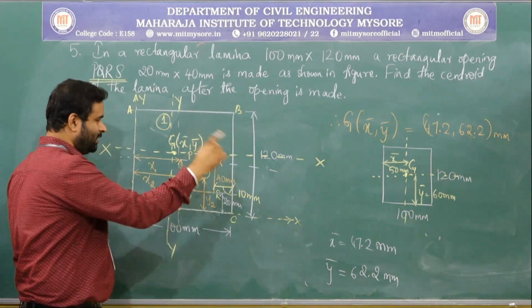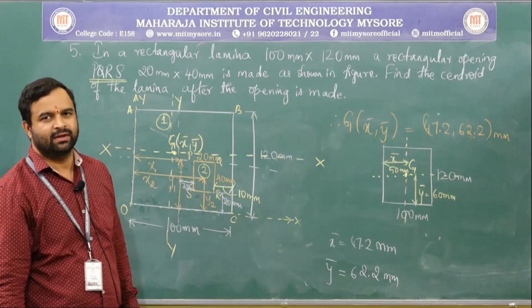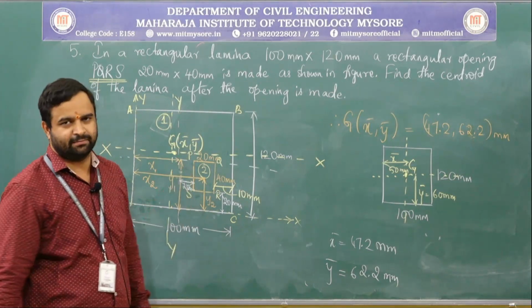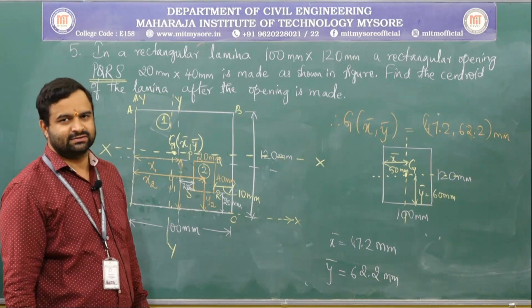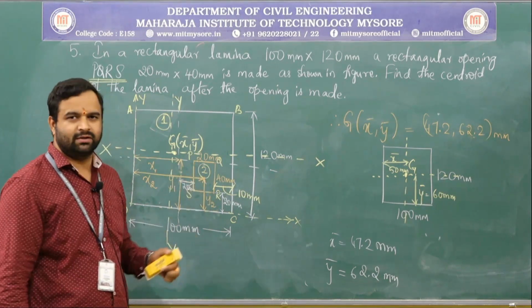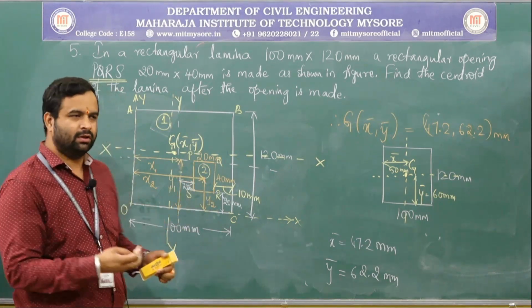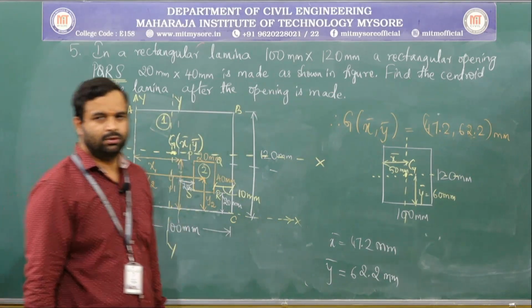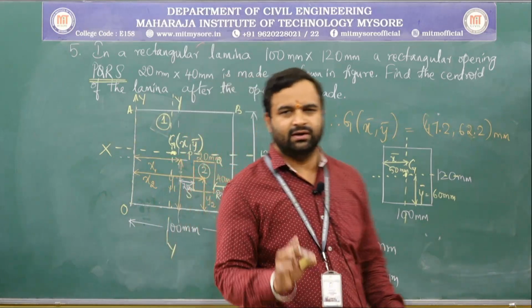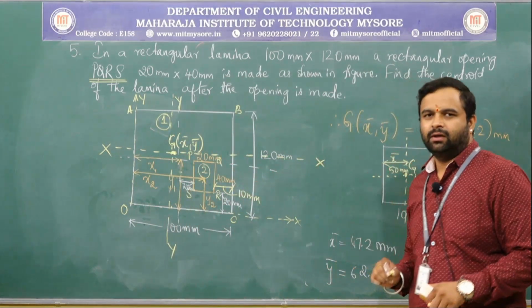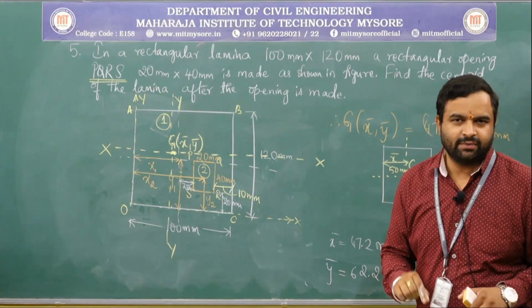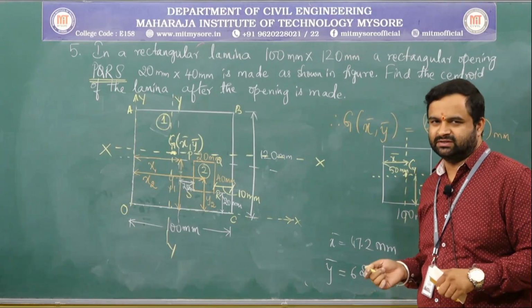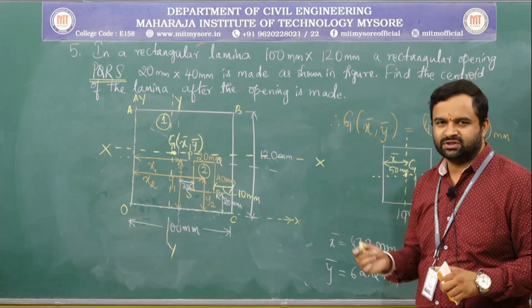Since we have made an opening in this problem, the centroid is not same, it varies. Because of this opening, the area has to be removed. The centroid is located as shown. So, now I think you get a clear picture when an opening is made in the lamina, the centroid position varies.